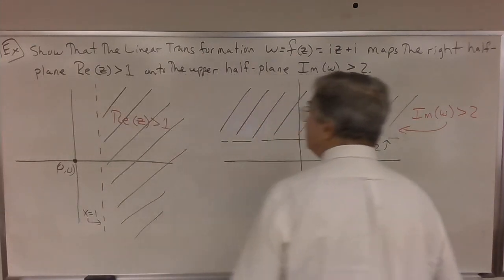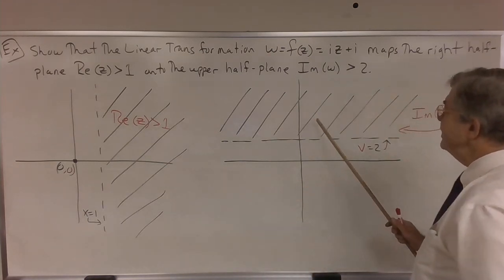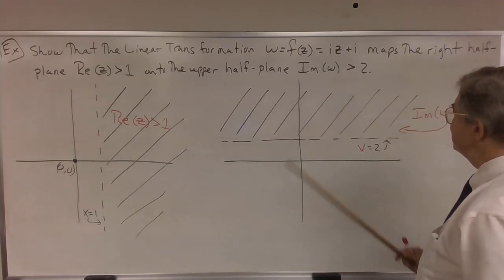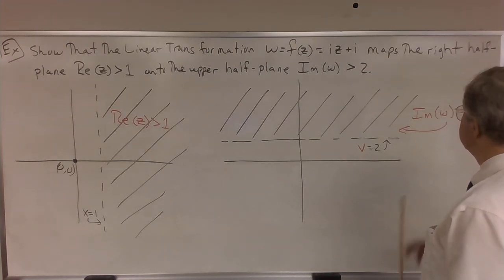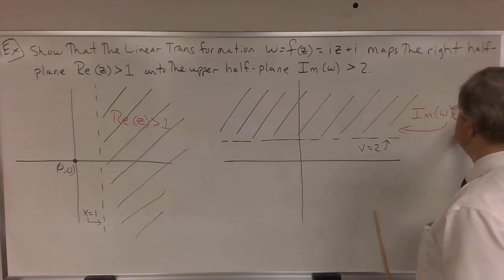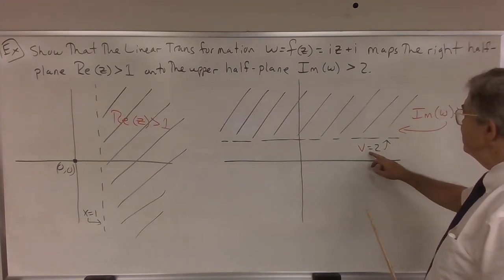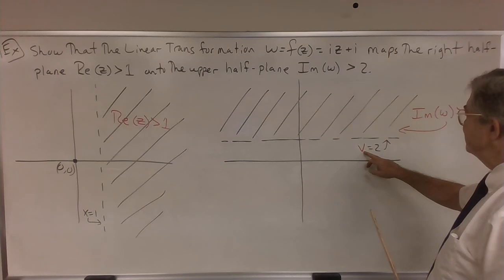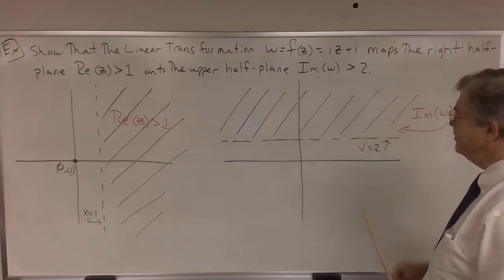And we're told that the image of this region under the transformation is also a half plane, and that half plane would be imaginary part of w greater than 2. So the y part of w, or v, has to be greater than 2.